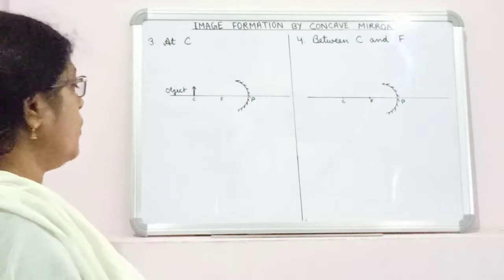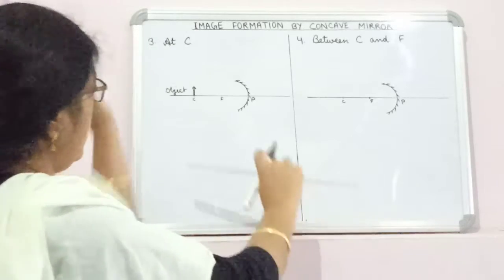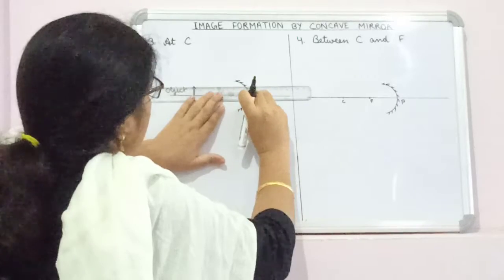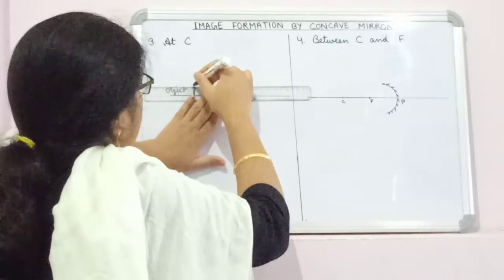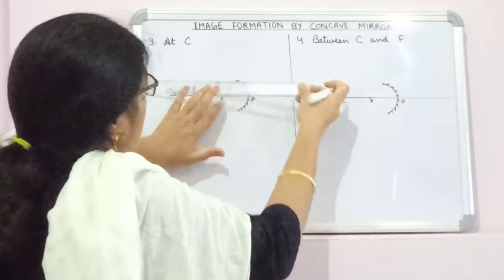Now we'll consider the special rays so that we can have the reflected rays, and after the intersection of those reflected rays we can have the image.